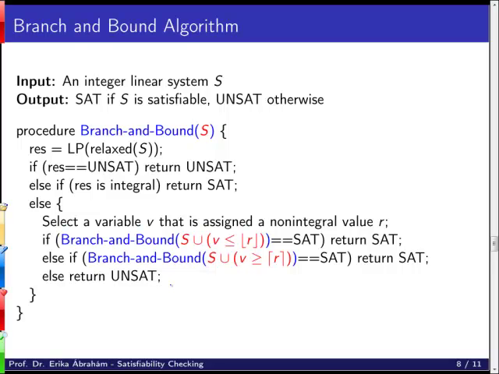Exactly. And your argumentation would be correct if we would have a bounded state space. We have a finite set of variables, and with every iteration we eliminate one variable with a non-integer value. So at one point there won't be any variables left that have a non-integer value assigned.